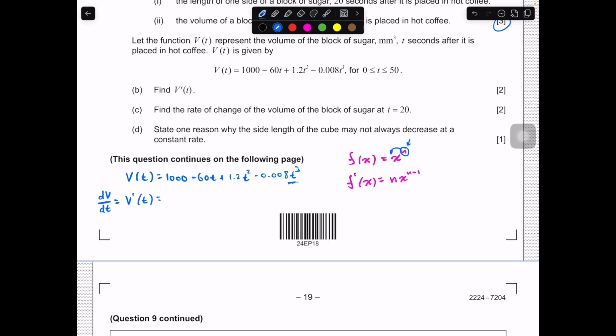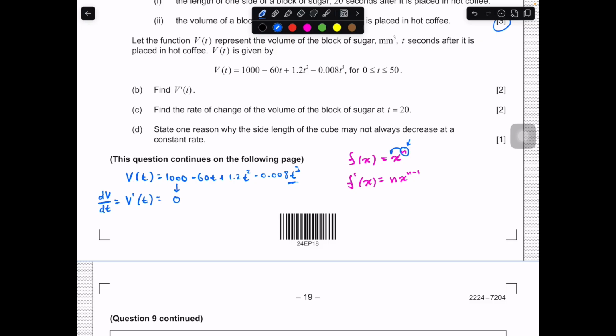Remember, constants just fade away. They don't contribute to the slope at a point. This constant right here would just shift the graph up or down, and so it doesn't have any effect on the slope. So we can just essentially cross it off, and that is going to be 0 in terms of what it contributes. So we don't even really need to write it, but maybe we can.